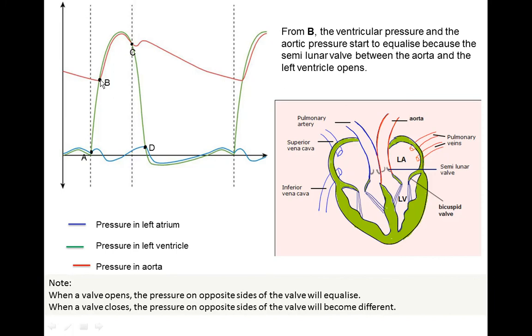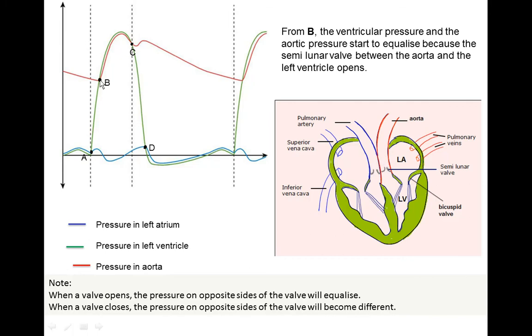At point B, notice that the aorta pressure and the pressure in the ventricle start to equalize. So when the pressure in the aorta and the pressure in the left ventricle equalize, it means that the semilunar valve is open. Right?